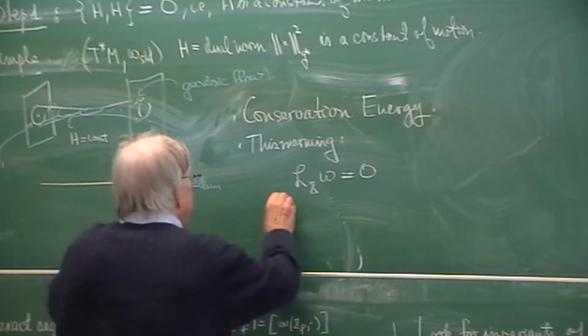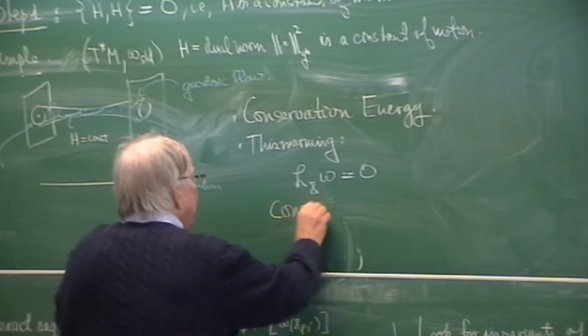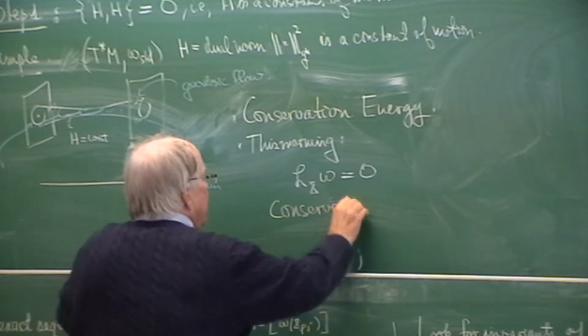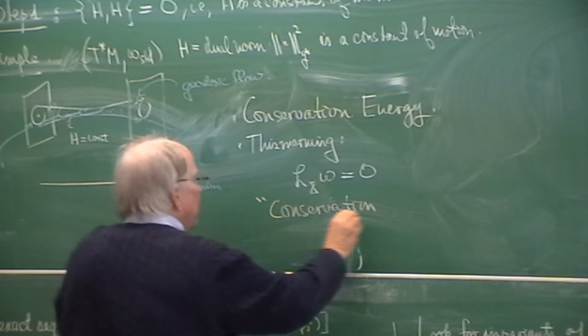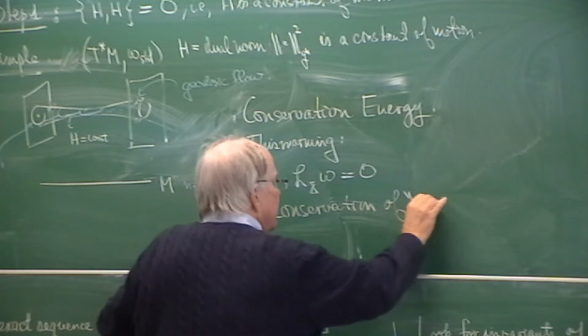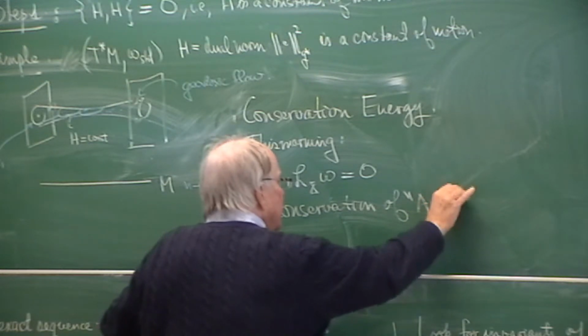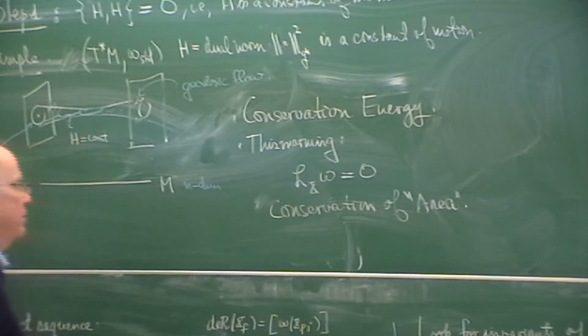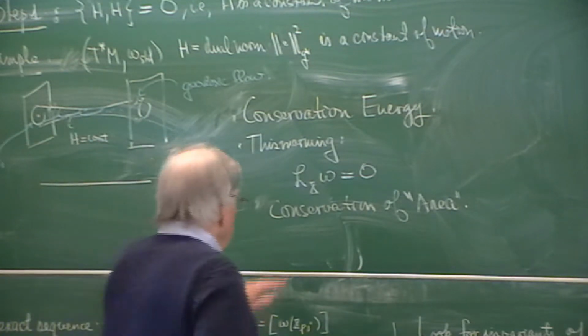And this is conservation of area. Well, let me put the quotes on the word area, because here we're thinking of the symplectic 2 form as defining area. Okay. So we have already seen two things that are invariant.